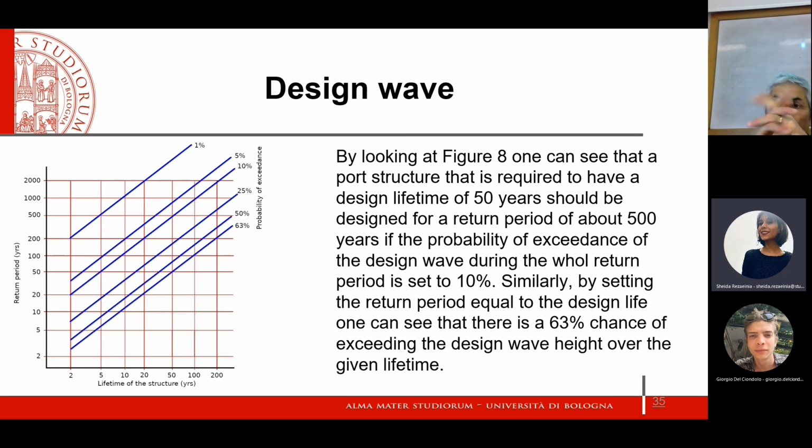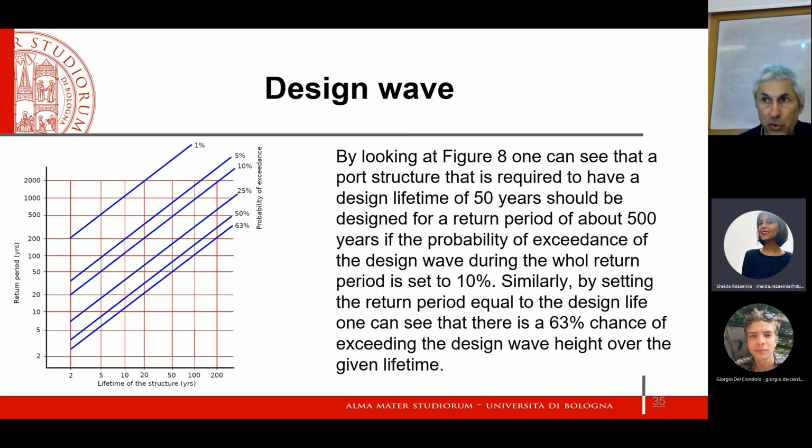And of course, if you change the probability, if you want a lower probability, like say 50%, that in a lifetime of 100 years the given event occurs, you have to adopt a return period of 150 years.